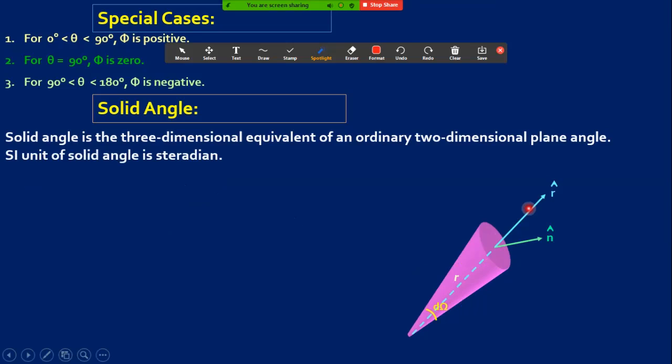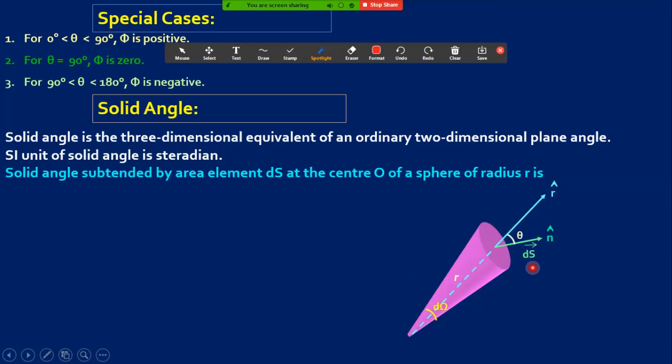This is the area vector, and since it is an area vector, it must have a direction, and this is the direction. It is defined by n cap, and we are taking the solid angle over ds, that is a small area.